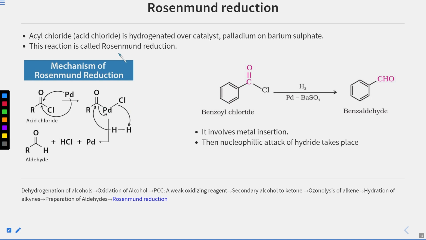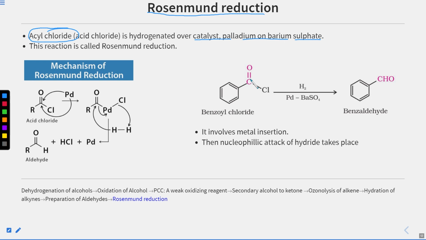Okay, so we are with this Rosenmund reaction. What we take for this reaction is an acyl chloride, and we hydrogenate it over the catalyst palladium on barium sulfate. So this reaction happens like this. The barium sulfate is basically present to poison the reaction. I will not go very deep into it.